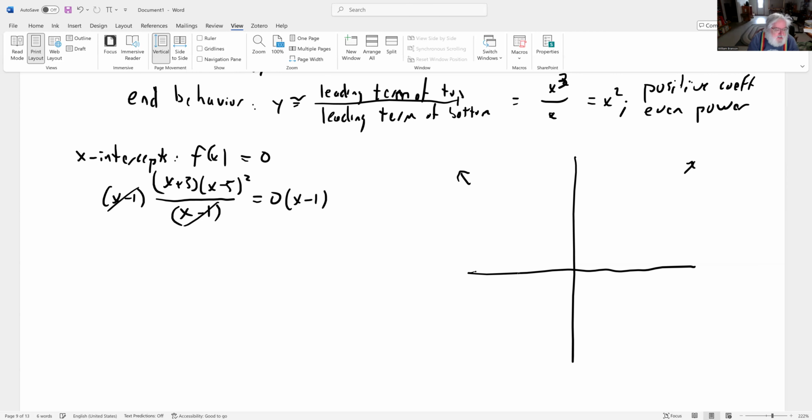This cancels that. And 0 times anything is just 0. So we only need to worry about the top to find out about x-intercepts.